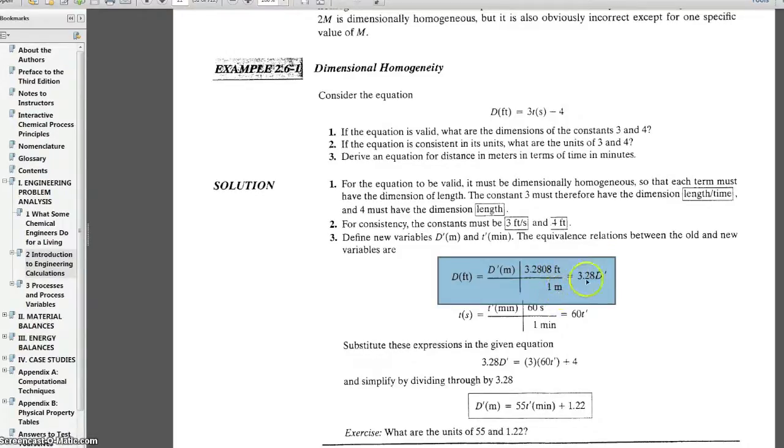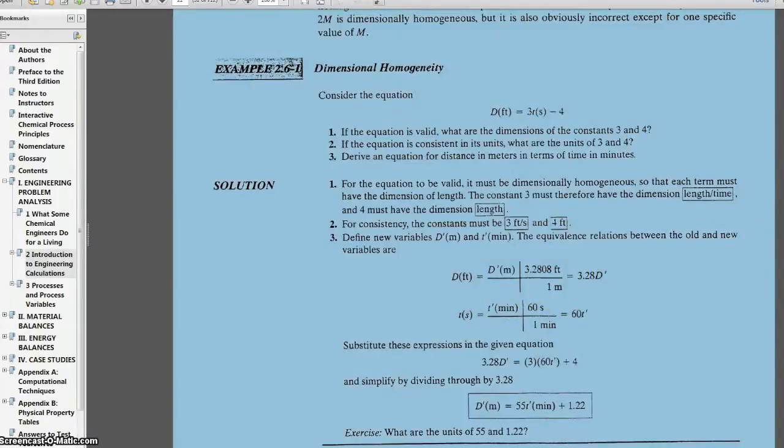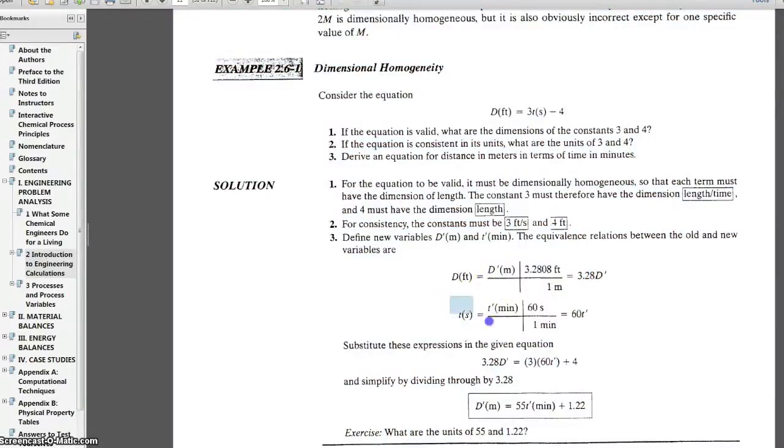So in the end, d is equal to, the new variable is 3.28 d prime, or whatever they call it. And for time, the original is in seconds, so to change it to minutes is the easiest part: 60 seconds equal a minute.